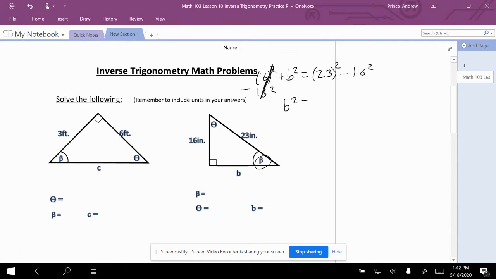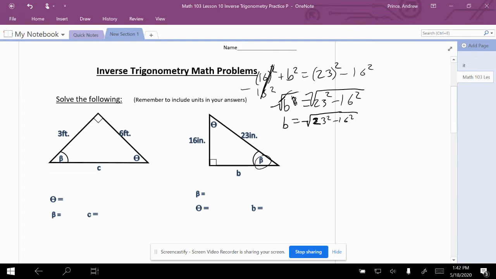We'll have B squared equals 23 squared minus 16 squared. We're doing this in a little bit different order, but we're not changing any of the rules around. I'm going to square both sides. This cancels out, so now we just have B equals the square root of 23 squared minus 16 squared.